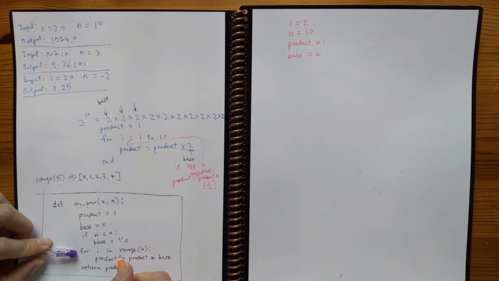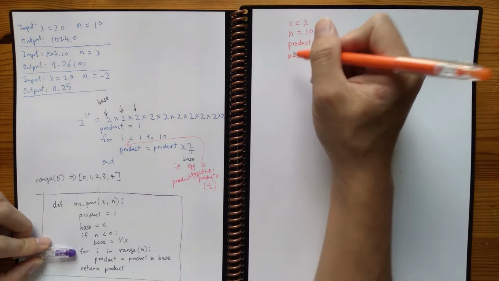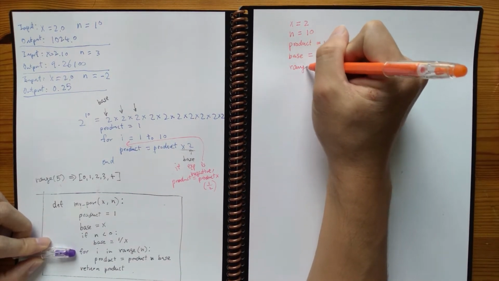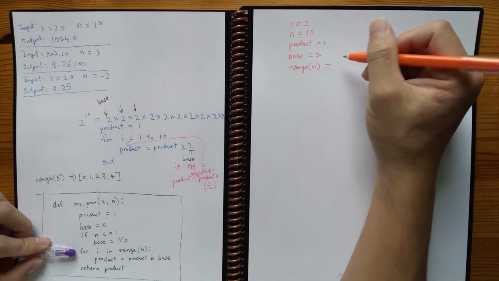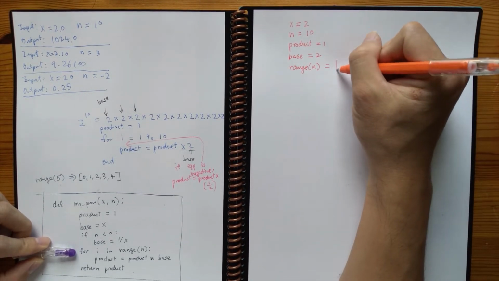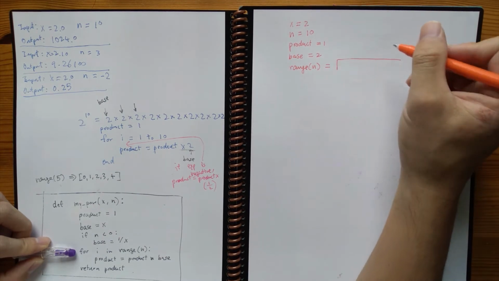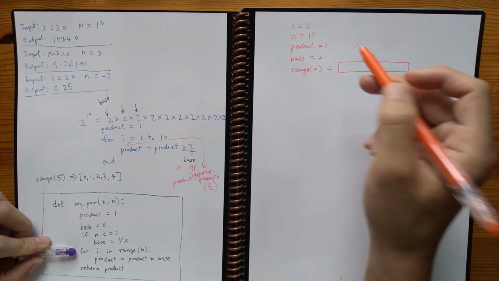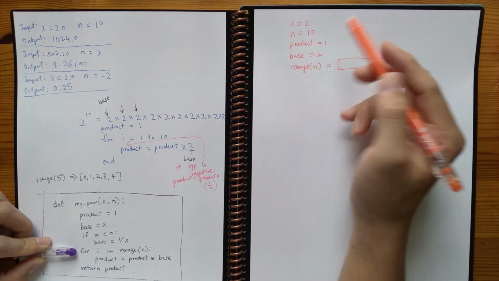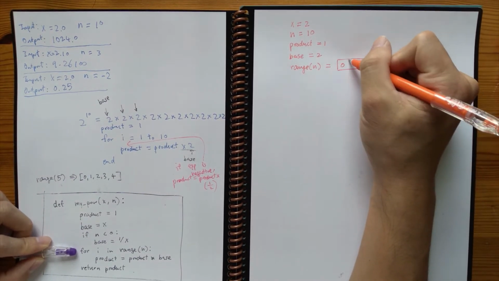Now because this is a loop and there's actually some associated state, I'm going to write out what the range of n would be. The range of n, I believe, is going to be an array that has as many items as n. It's going to start at 0.